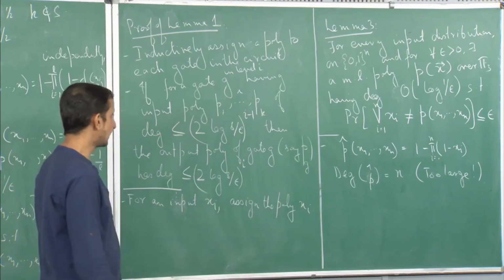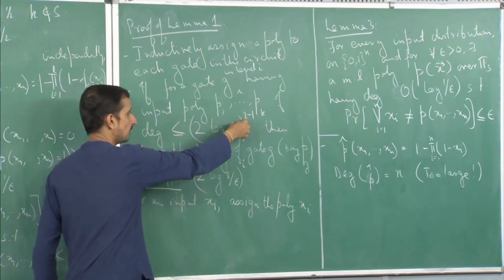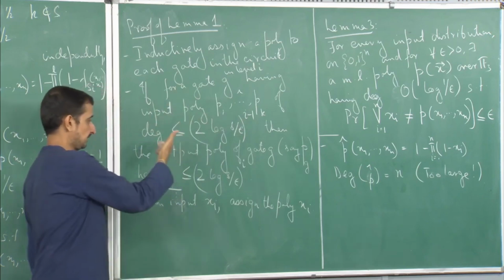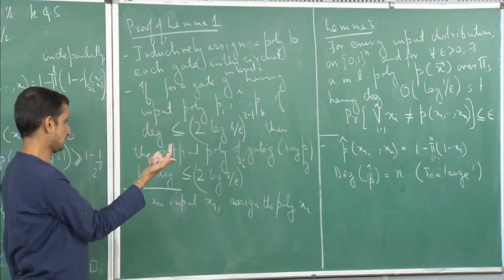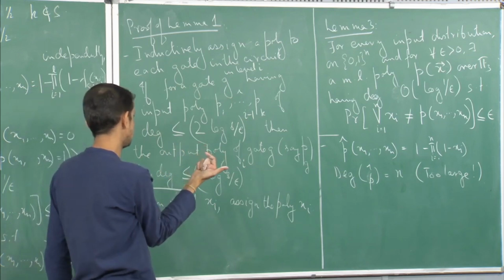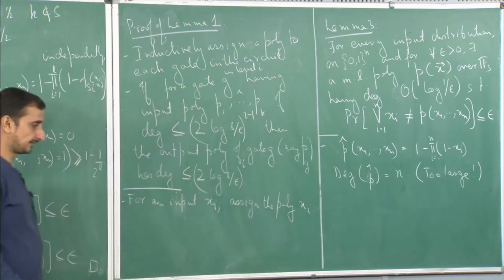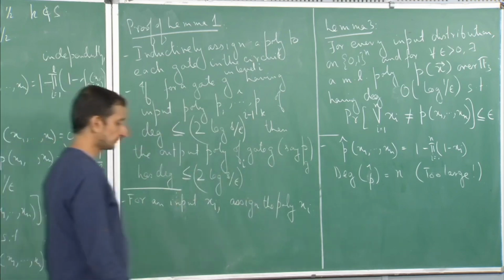So, clearly the degree is 1, so it satisfies our criteria. At i equal to 1, the degree has to be at most 1, which is the case over here. So, this is the base case.